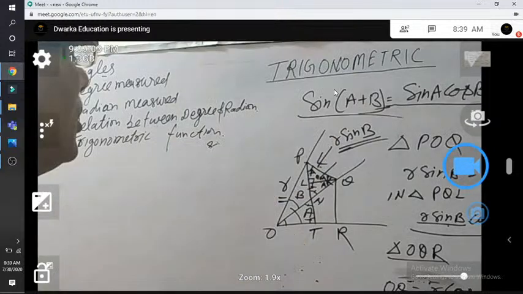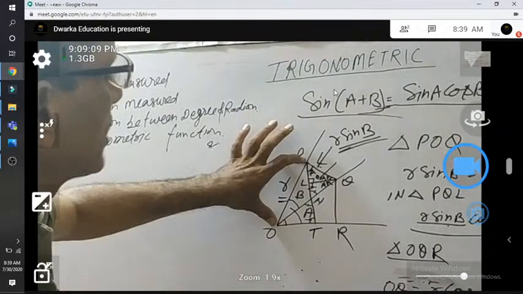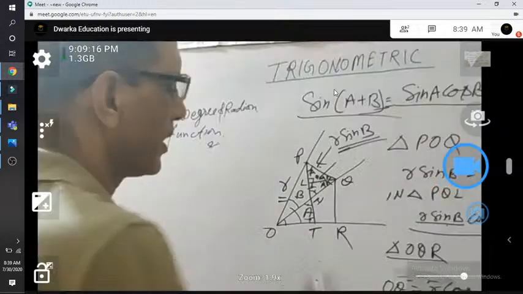Because this is the 90 degree, this is the base, and this is the hypotenuse. R is the hypotenuse, then R cos theta is equal to base, and OQ is the base of this triangle, and this is equal to R cos B.